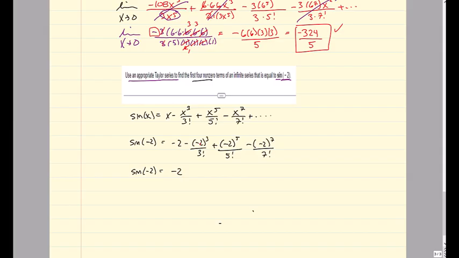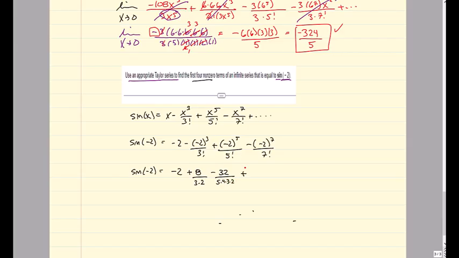Now, -2 quantity cubed would be a -8. -8 times a negative out front would be a +8, and then 3 factorial is 3 times 2. Okay, let's keep working. 2 to the 5th would be 2, 4, 8, 16, 32, so it would be a -32 over 5 factorial, which is 5 times 4 times 3 times 2 times 1.